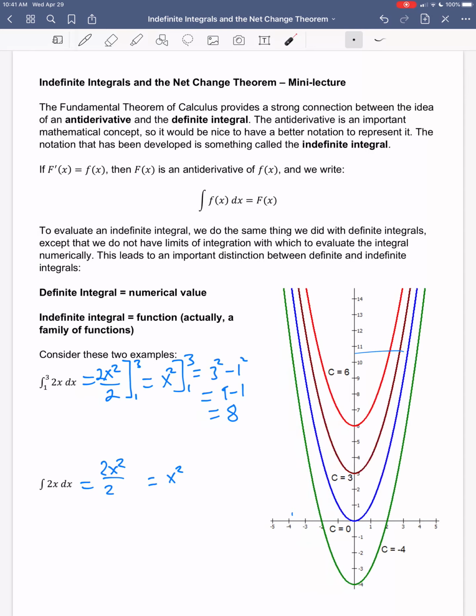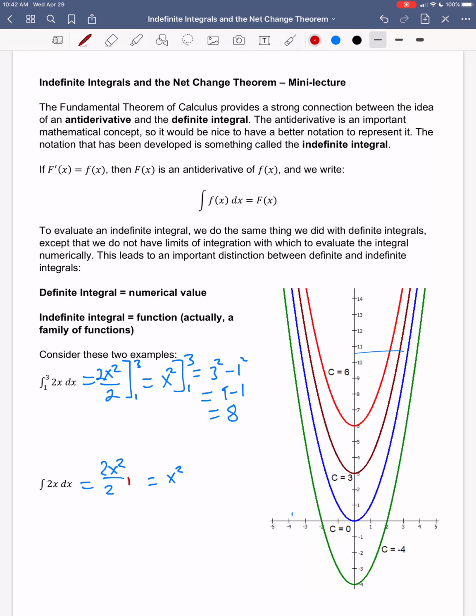But if I had x squared plus 1, its derivative is also 2x. Or if I had x squared plus 7, its derivative is 2x. Or if I have x squared minus 3, its derivative is 2x. And so I get all these antiderivatives.